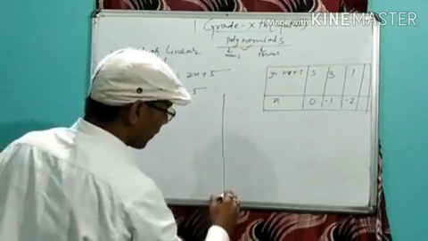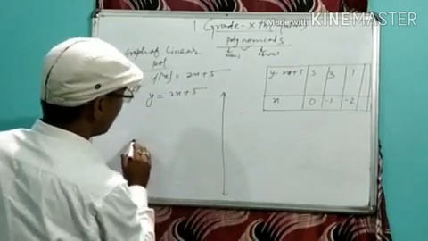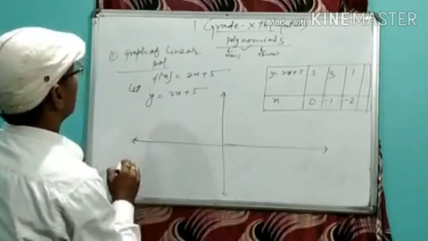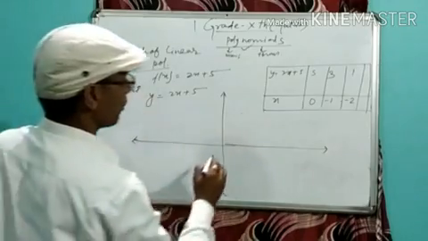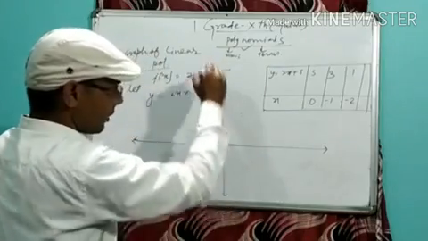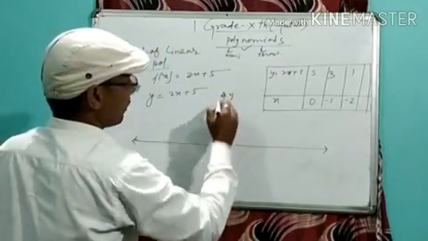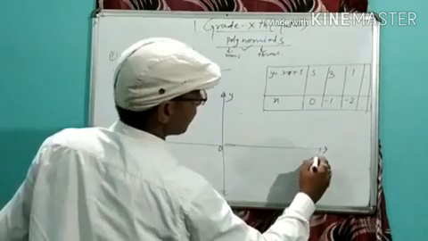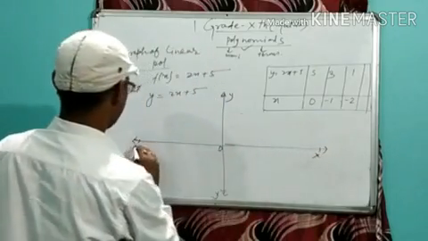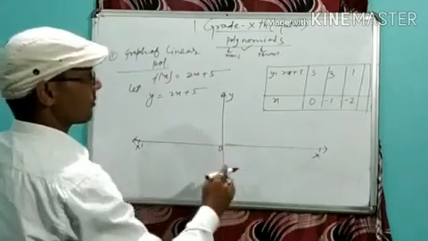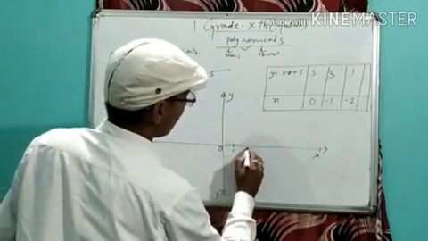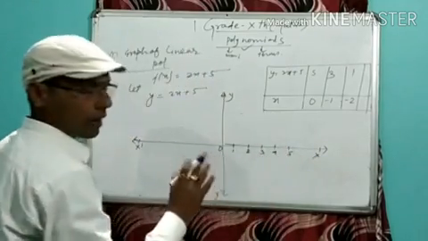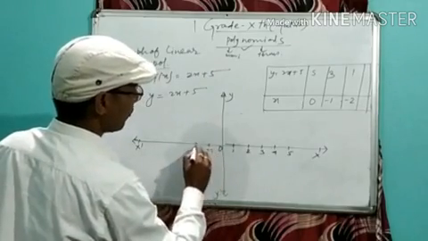Now I am taking the graph, showing you which type of graph a linear polynomial has. This vertical line, you know, is known as the y-axis, and this horizontal line is the x-axis. We will take 1, 2, 3, 4, 5. It should be on graph paper. You will try your best.